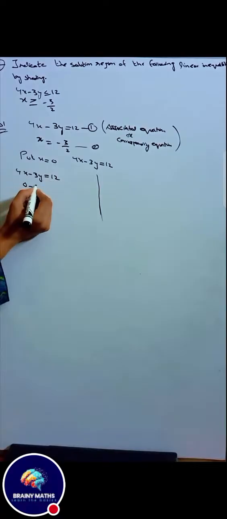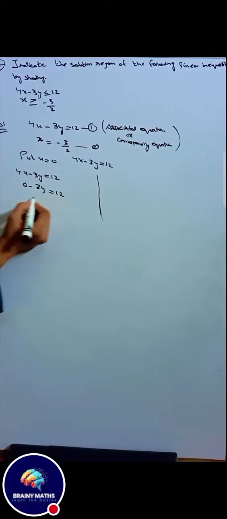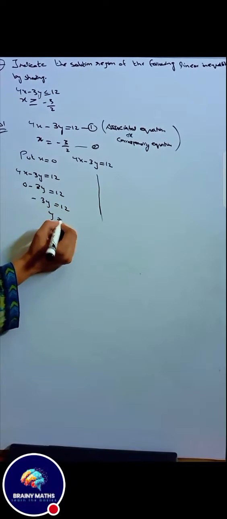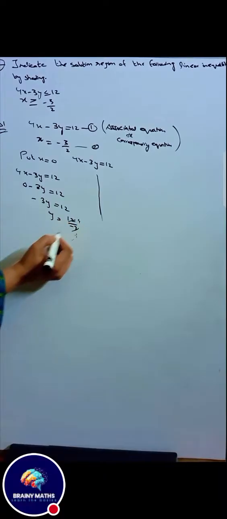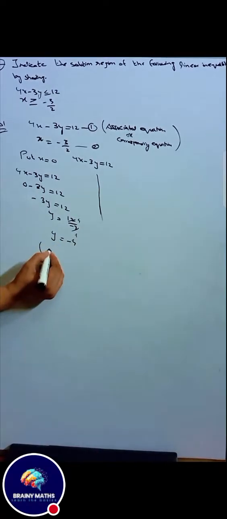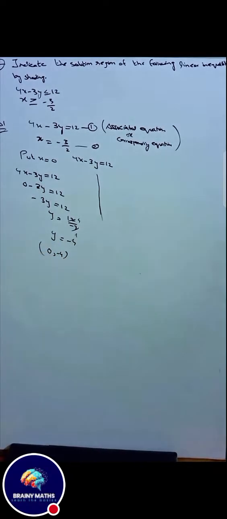So 4x minus 3y equals 12 becomes 0 minus 3y equals 12. Minus 3y equals 12, y equals 12 over minus 3. So y is equal to minus 4. So we get 0 and minus 4.